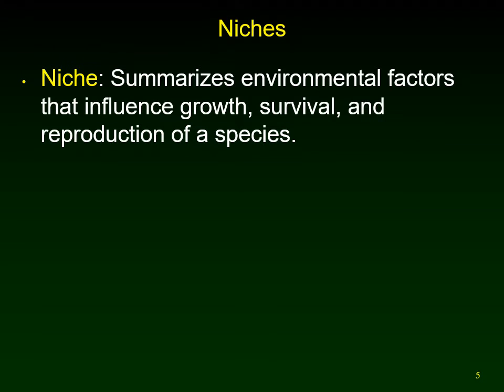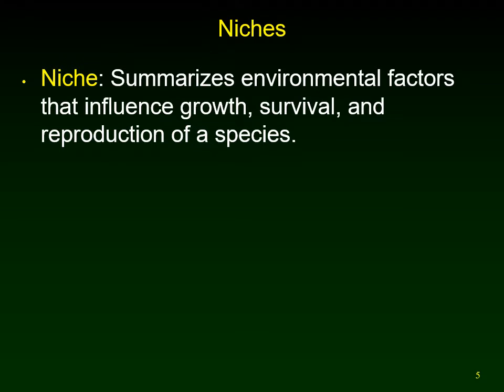One of the things we talk about when we are dealing with how organisms are related to the environmental limits is the idea of a niche, or a niche, however you like to pronounce that. And that's all the environmental factors that influence the growth, the survival, and the reproduction of a species.